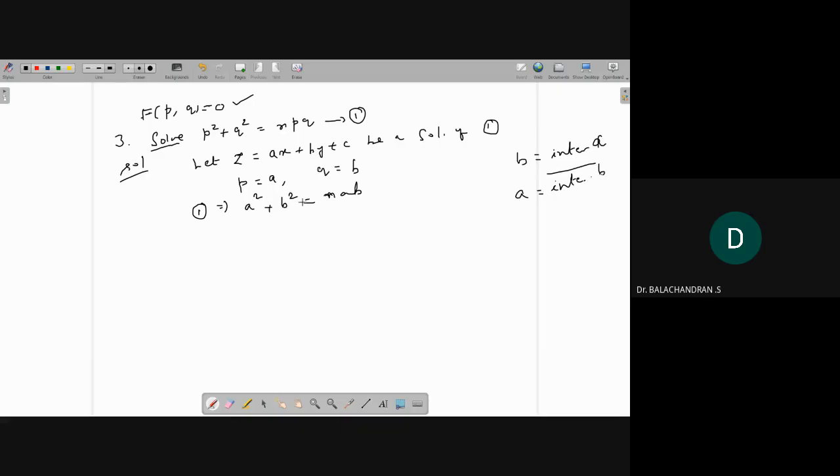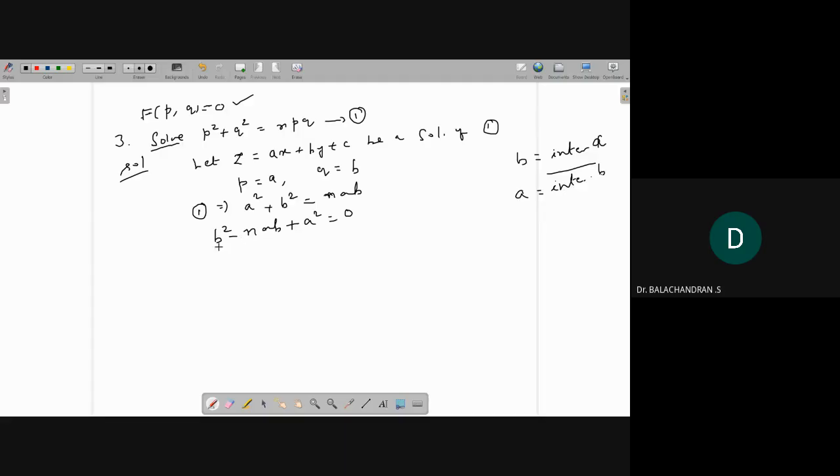But here both a and b are quadratic. So you need to write b square minus nab plus a square equal to 0, which is a quadratic equation in b, and also a quadratic equation in a.